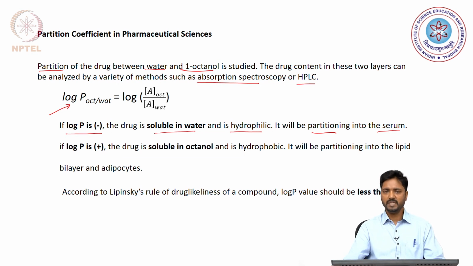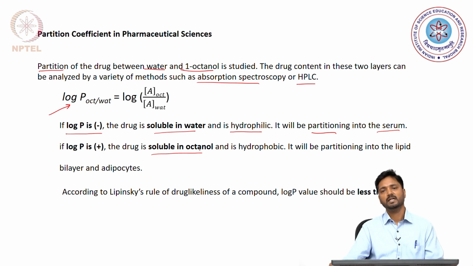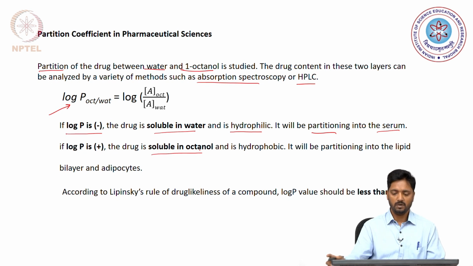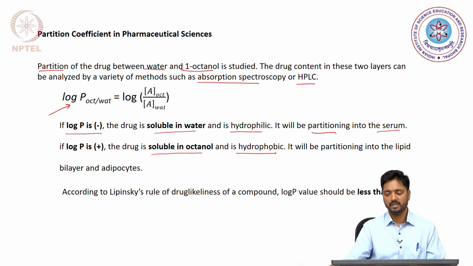In contrast to that, when the log P value is positive, this indicates that the compound or the drug is having better solubility in the octanol phase, and that means this compound or the drug that we are dealing with is considered hydrophobic.